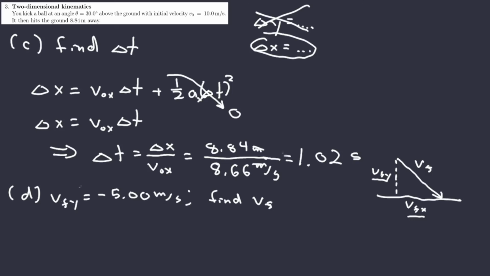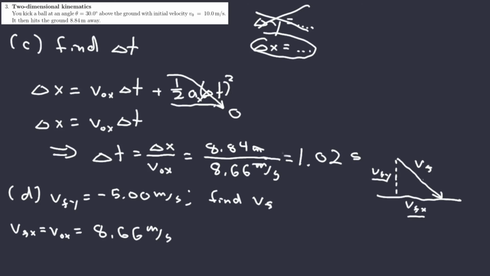But if I recognize from the previous part that our acceleration in the x direction is equal to 0, that's equivalent to saying that the velocity never changes. V final x is equal to v initial x, and that is still equal to 8.66 meters per second. We have v final y equal to minus 5 meters per second.